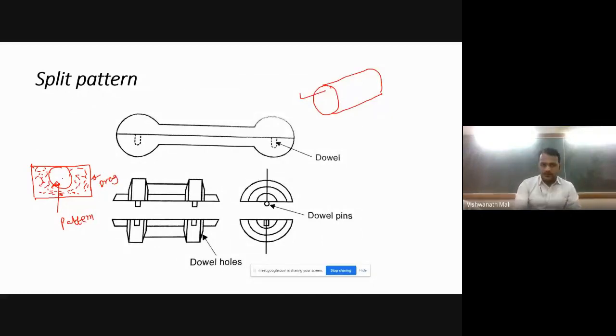This is our pattern. This is the drag. Now, after ramming, if you want to remove the pattern, can you remove this pattern? It is difficult to remove that pattern. Why? Because when you remove it, this part of the sand will also get removed. When there is a cylindrical workpiece and you make it as a single pattern, there is a problem. We cannot remove it. So what we do, we cut this cylindrical part into two parts.